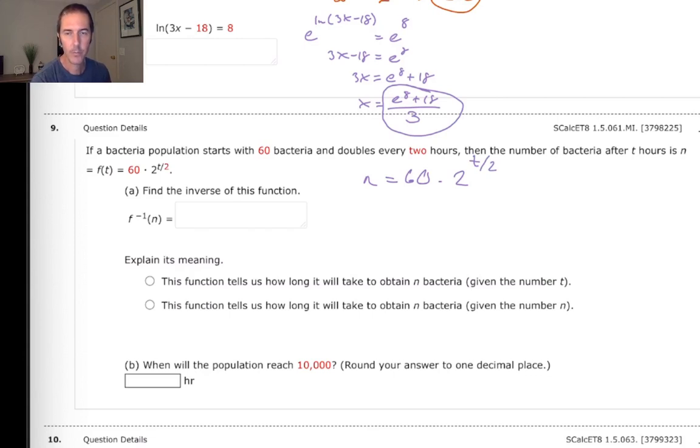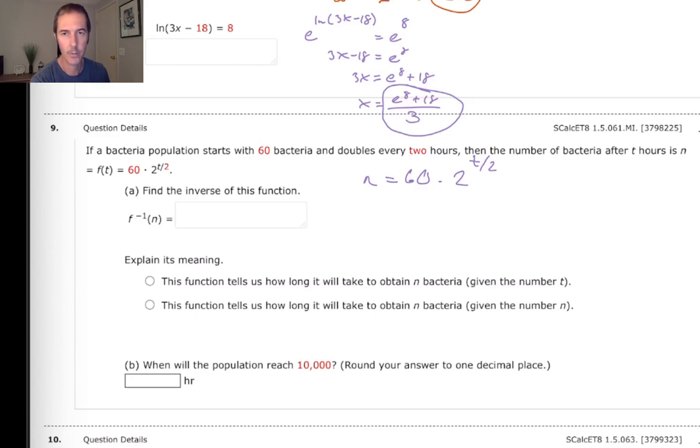Swap your variables, solve for n in this case. You will need to use natural log. It's not going to cancel, natural log and the 2 are not going to cancel each other out. Natural log and e cancel each other out, but you'll still use the natural log. You'll still use the power rule for logarithms to bring your exponent out in front of the natural log.